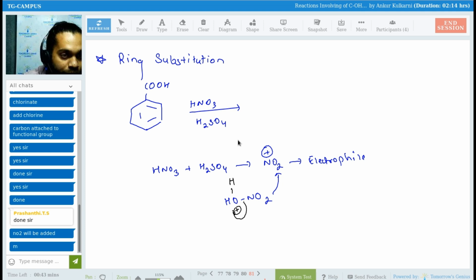Now, when you have an electron withdrawing group, Bhuvneshwari, at the ortho position you have a positive charge, and at the para position you have a positive charge. Why? Because this is an electron withdrawing group. Due to that, these positions become slightly negative. And NO2 is positive.